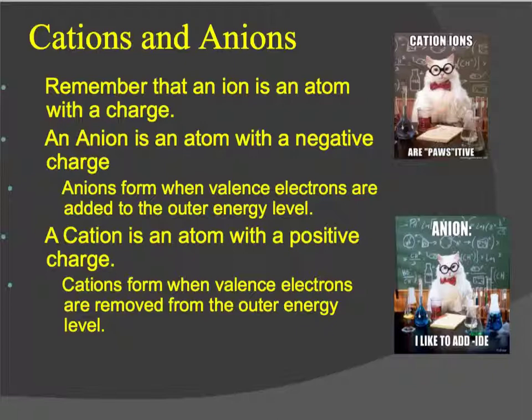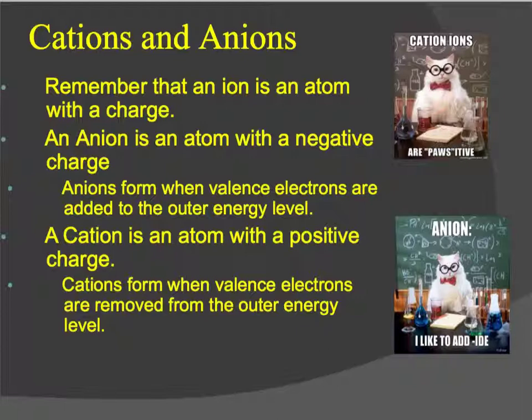Alright, another little review of something that you've heard before, cations and anions. Remember that ions are just atoms that have a charge. They can have a positive or negative charge. And an anion is an atom with a negative charge. Anions form when valence electrons are added to the outside energy level.